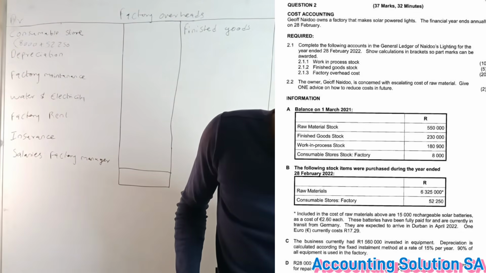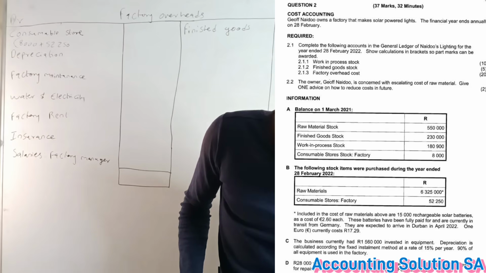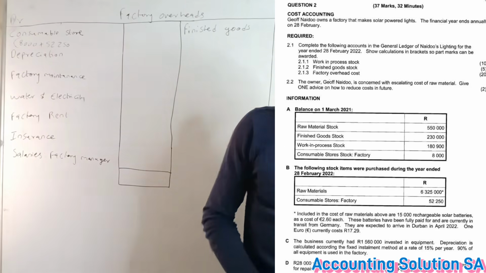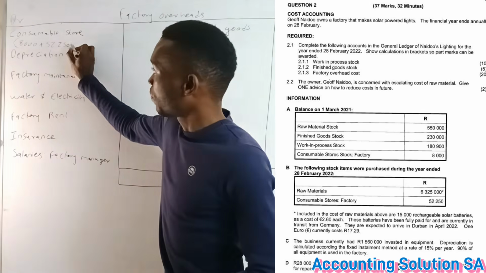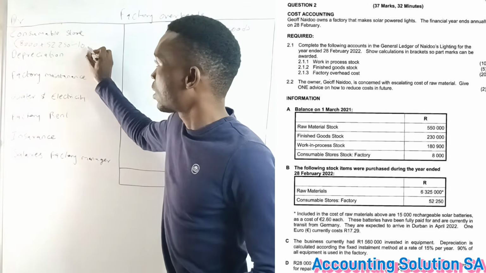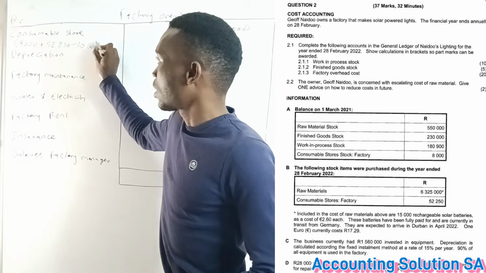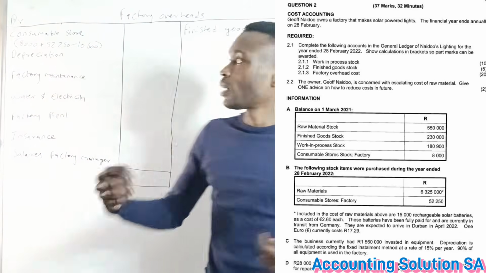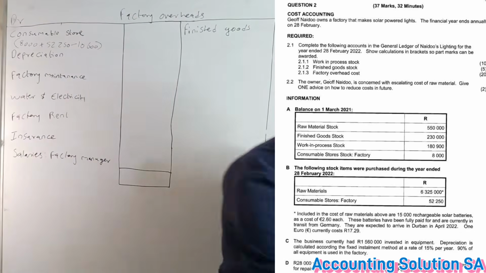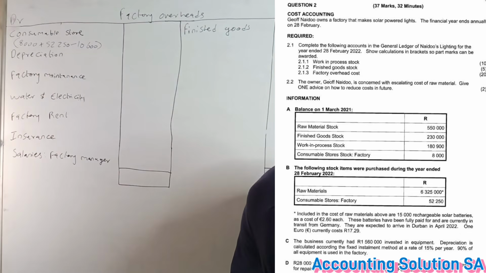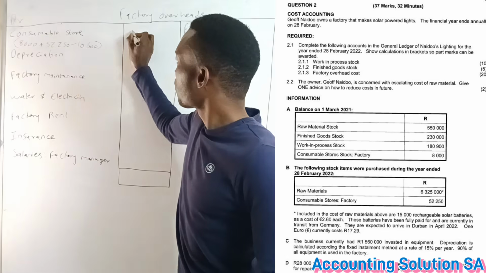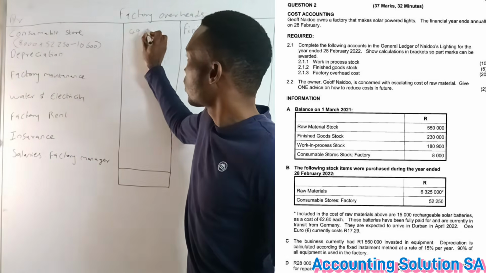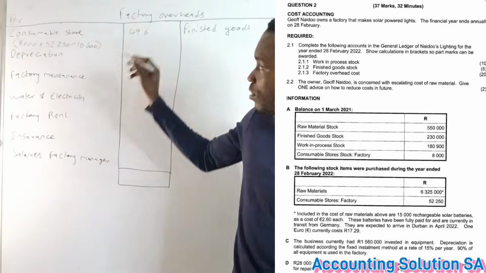Okay, let's go down. We're going to find it in the last transaction. Okay, yes, we have a consumable store closing balance of 10,600. Closing balance, we subtract 10,600. Okay, then after that we close the bracket, then we calculate and get the answer of 49,650.